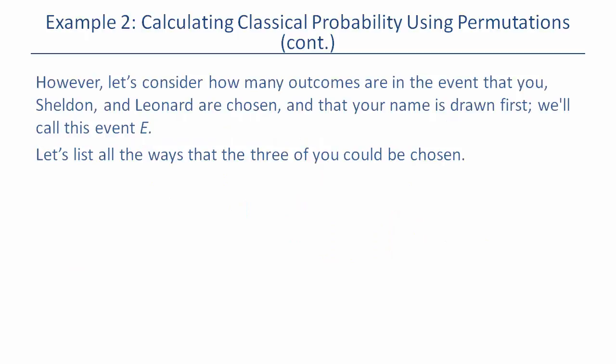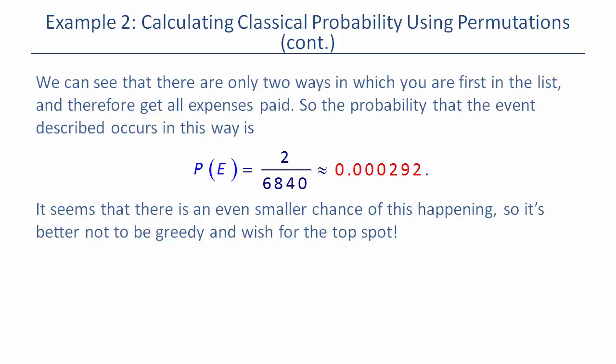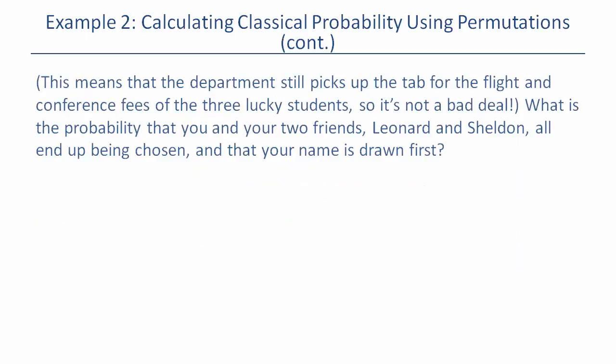Now, let's consider how many outcomes are in the event that you, Sheldon, and Leonard are chosen. Well, remember, order matters. So there's all these different ways where you could get picked along with your two friends, depending on how the order works, right? These are all different orderings of the same three people. Now remember, this question also changed in that they didn't want to know the probability that the three of you get chosen.